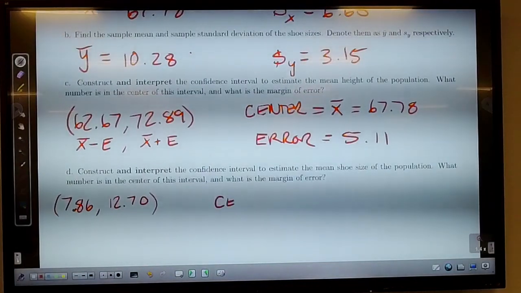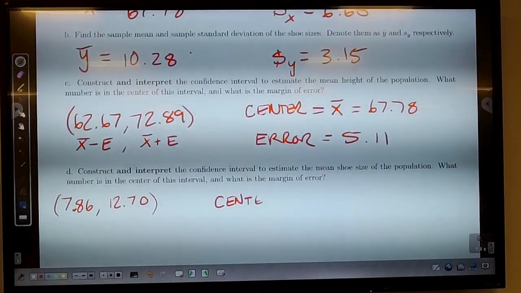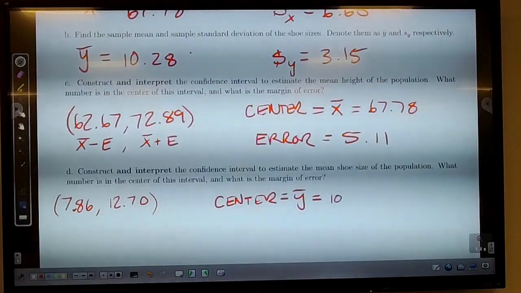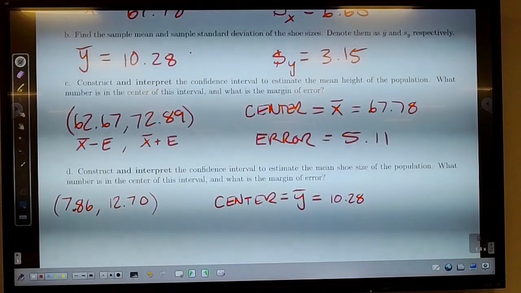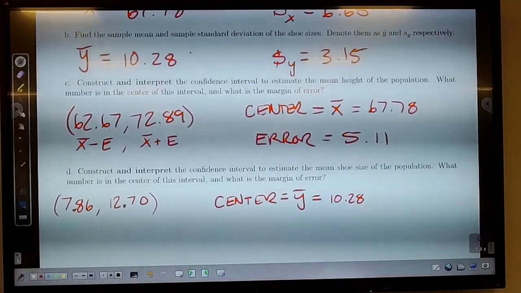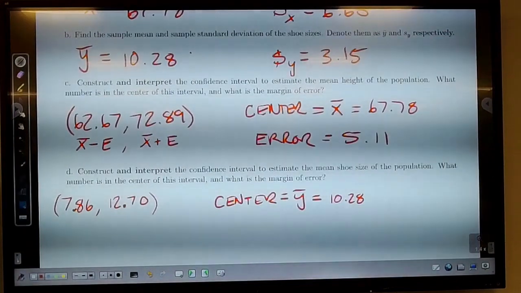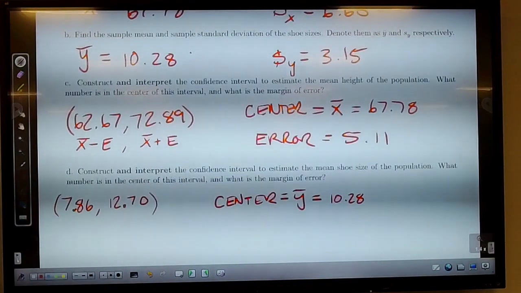Because clearly the center here would be y bar, 10.28, which is just the average of these two numbers. And the margin of error, 2.42.